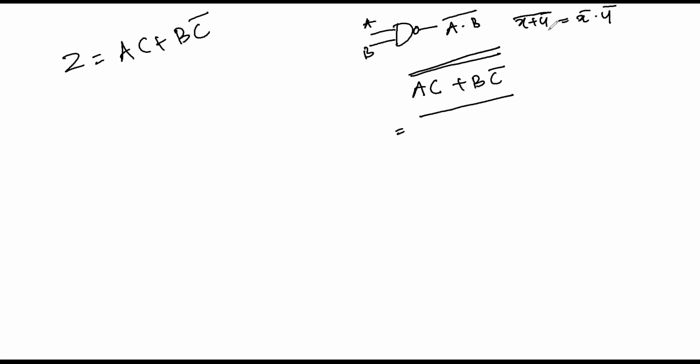I will apply De Morgan's rule. You can say, okay, so this is equal to AC bar dot BC bar. Got the point?